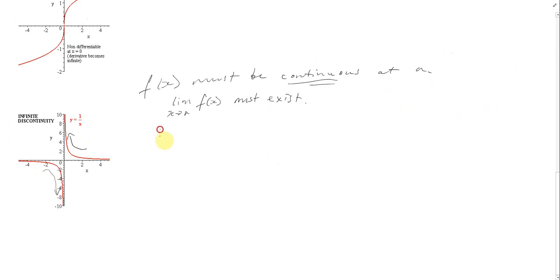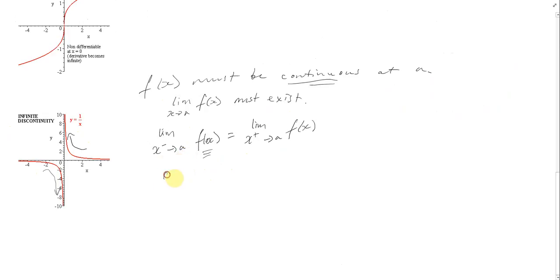A way of writing it is the limit as x approaches a from the negative side of our function must be equal to the limit as x approaches a from the right hand side, the positive side, of f of x. So what this means is, what value does the function approach, get close to, when x gets really close to the point we're looking at?